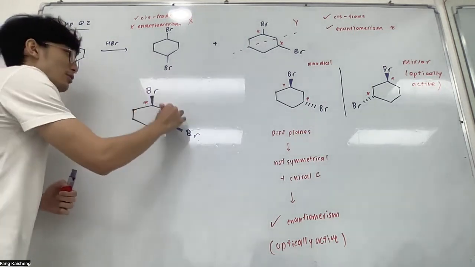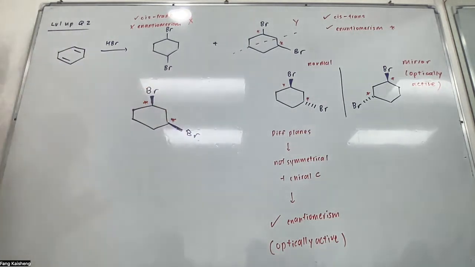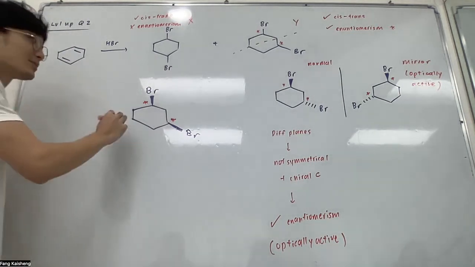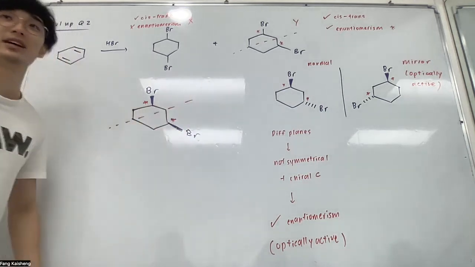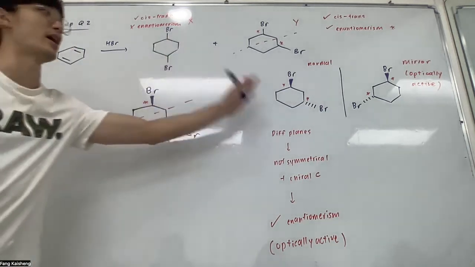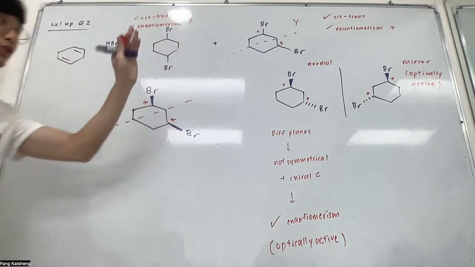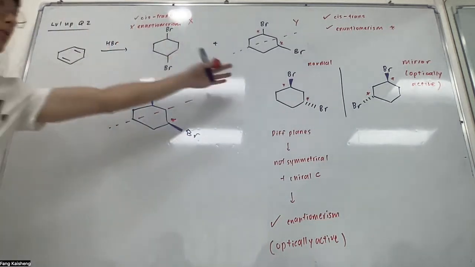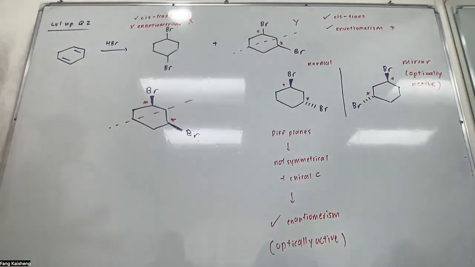It's still the same chiral centers, but why can it not rotate plane polarized light? When they are on the same side, then this is symmetrical. Exactly. That's why we have 3 stereoisomers in total, but only 2 of which, the normal and mirror of that, are optically active.